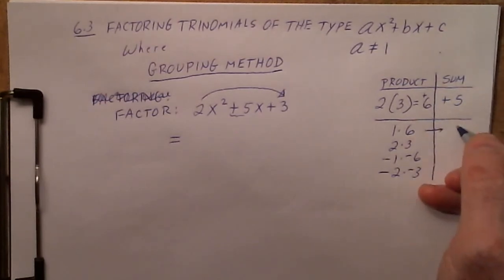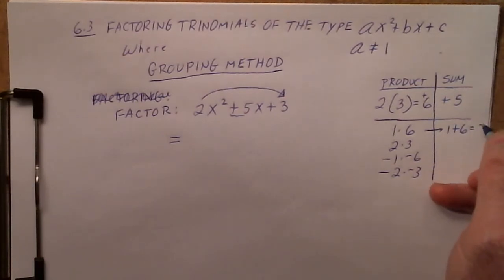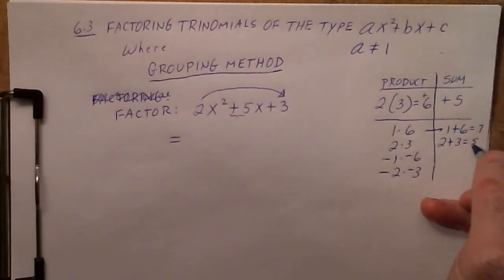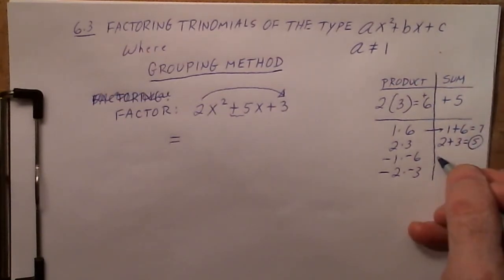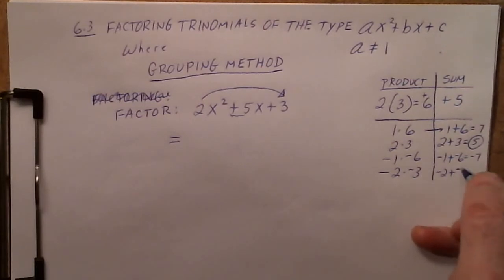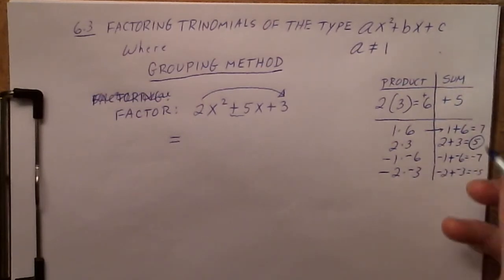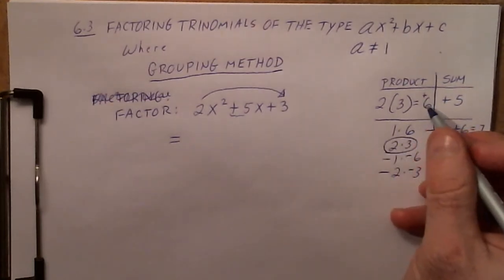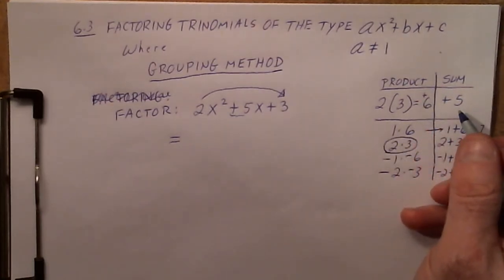Now, the only factors in this list that sum up to 5 are not going to be 1 and 6. It's going to be 2 and 3. Those are the only ones that work. Notice none of these negative factors will add up to positive 5. These don't work, and these don't work. So positive 2 and positive 3 are the only factors of positive 6 that sum up to a middle coefficient of 5.